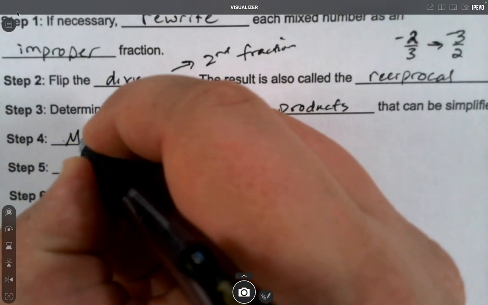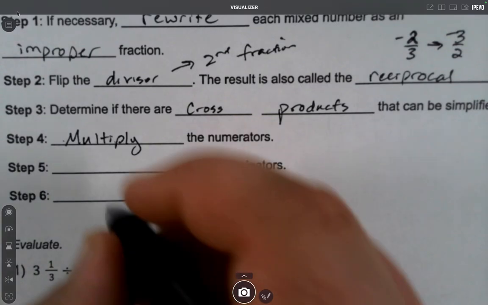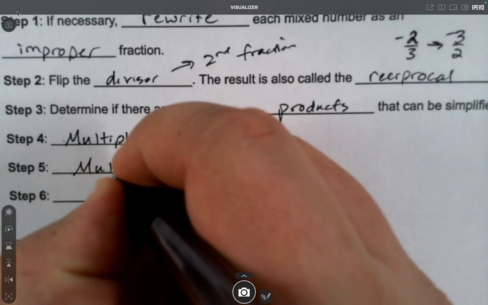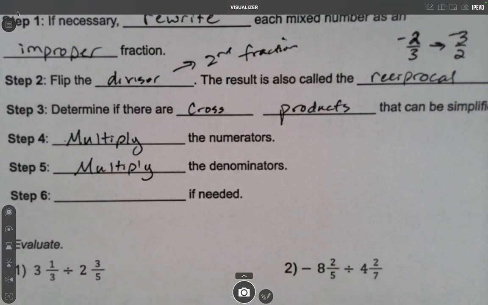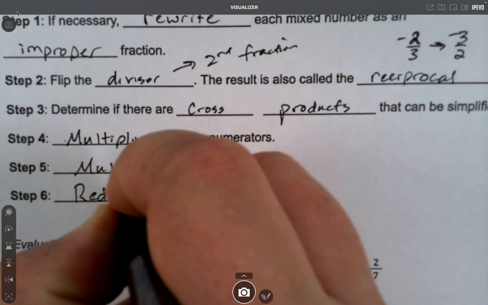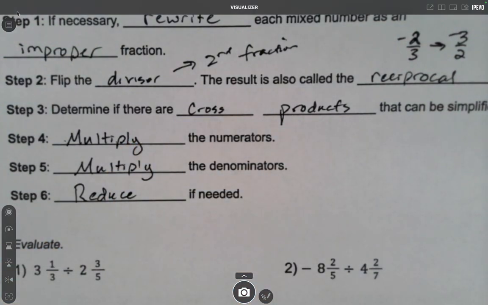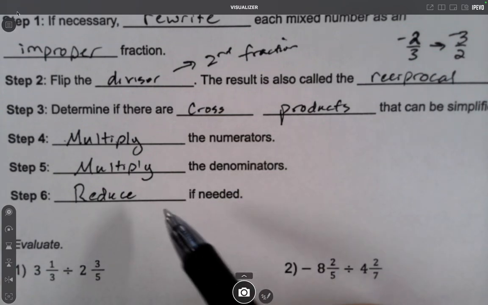Then you multiply the numerators, the numbers on top, multiply the numbers on the bottom, that's the denominators, and reduce if needed. There's a few exceptions, but most of the time, if you handle cross products correctly, you won't have to reduce.